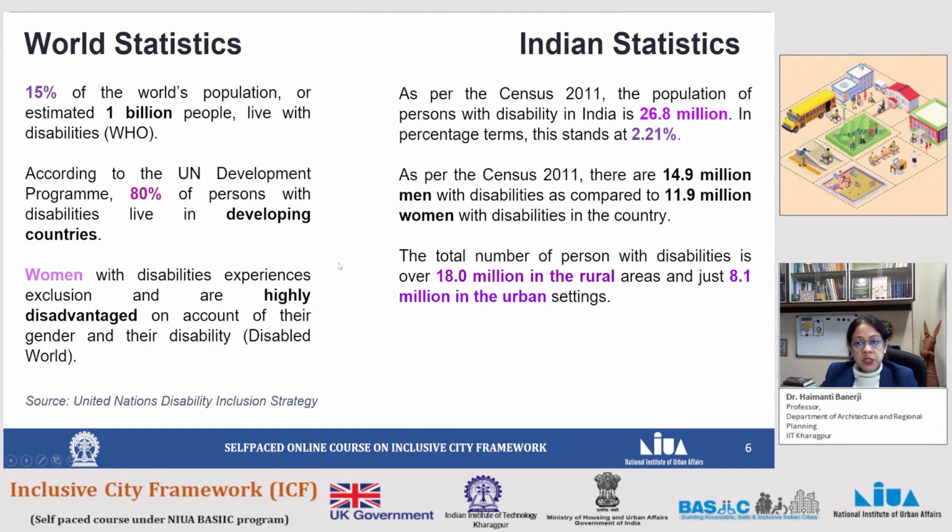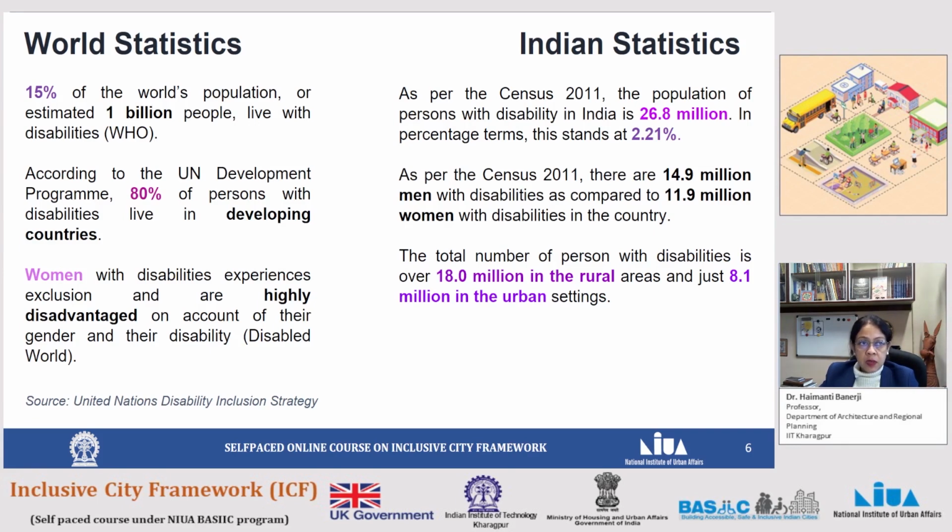To understand the magnitude of this problem, let's look into some statistics. This slide shows that 15% of the world population are disabled, of whom 80% live in developing countries. In India, out of 26.8 million people who are disabled, about 18 million live in rural areas.